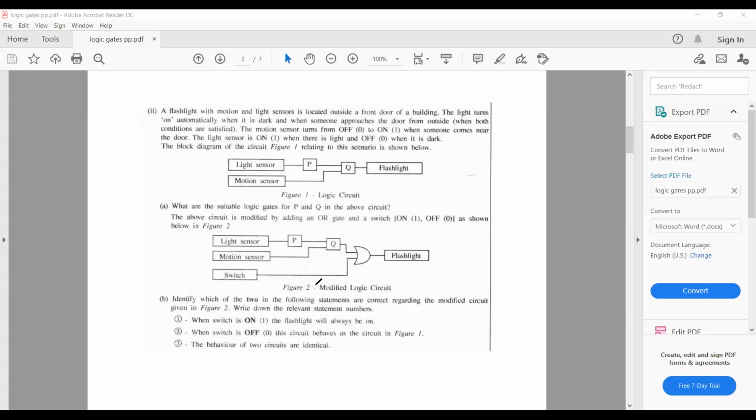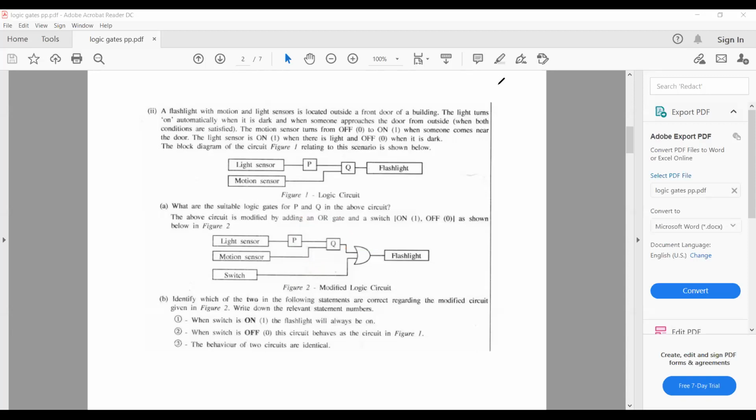Identify which two of the following statements are correct regarding the modified circuit. Now you can understand that when the switch is on, whatever the condition from the other part, your output will be 1. That is the main thing you should know.